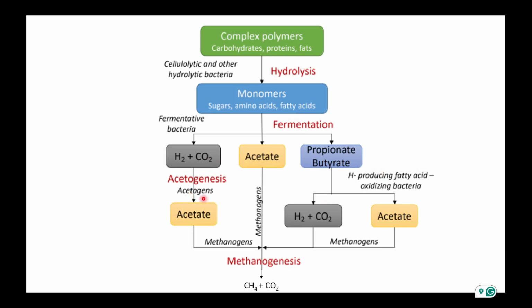Once all these processes lead to acetate formation, this acetate is used by the bacterial group called methanogens, which perform a process called methanogenesis, where they use this acetate to form methane and carbon dioxide. Okay, so that process is called methanogenesis, and the bacteria that perform it are called methanogens.